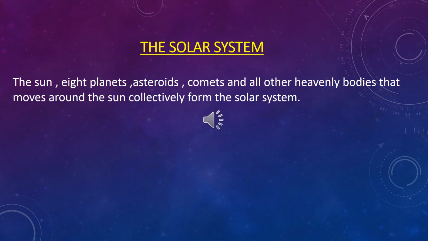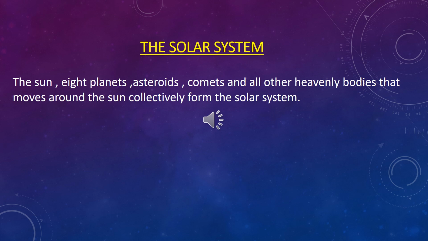First of all, we will try to understand about the solar system. As I already told you, the Sun, 8 planets, asteroids, comets, and all other heavenly bodies that move around the Sun collectively form the solar system.